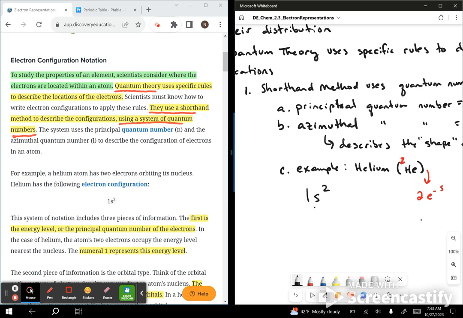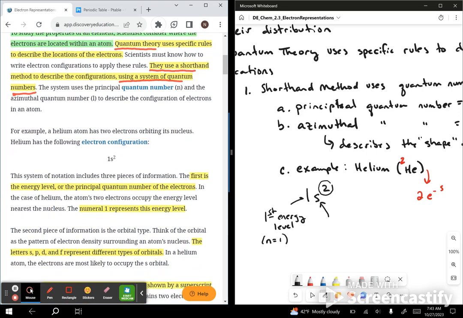So you know that the 1s level can take a total of 2 electrons. Okay, this is your first energy level. This is your first quantum number. Okay, so quantum number. This is the first energy level, right? We would say that this is where n equals 1, right? And we know here that this would be your azimuthal, right?